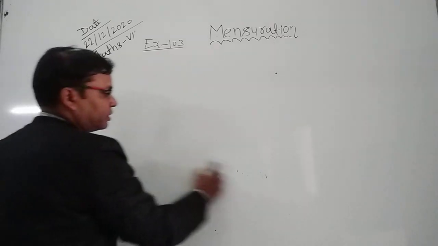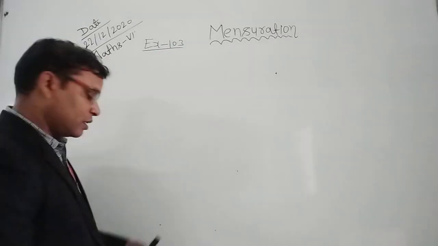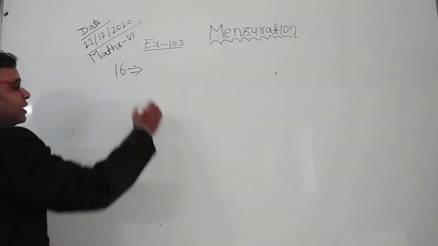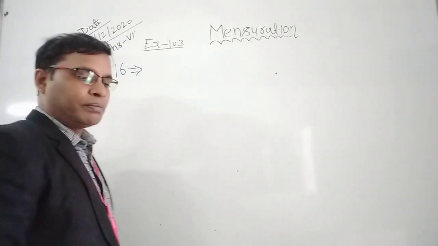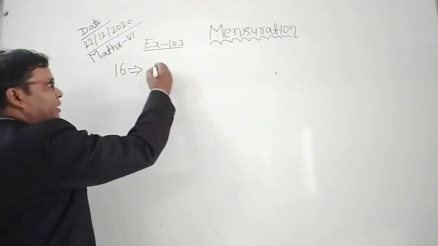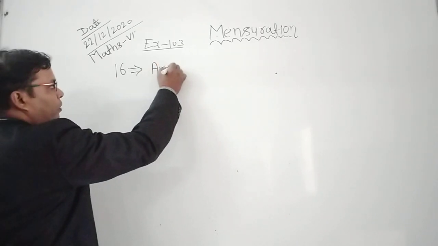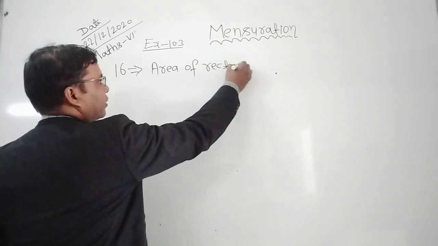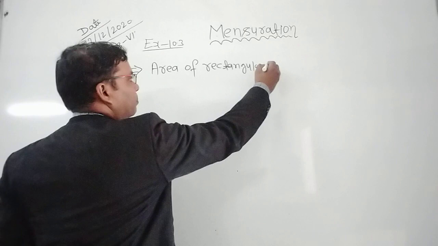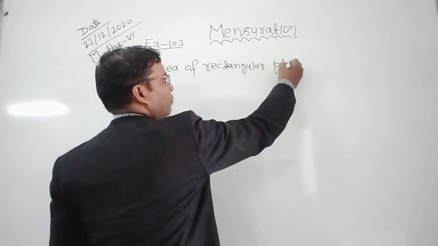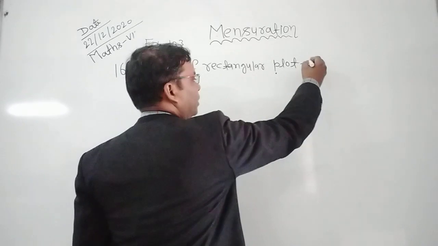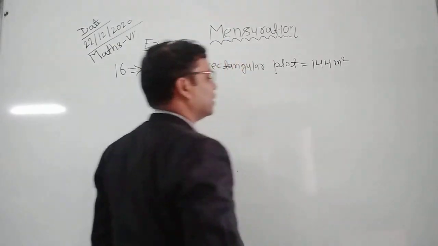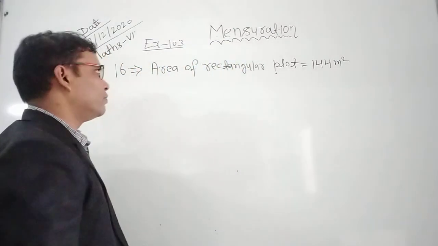The next question is question number 16. Here first we write area of rectangular plot. Area of rectangular plot is 144 meter square.